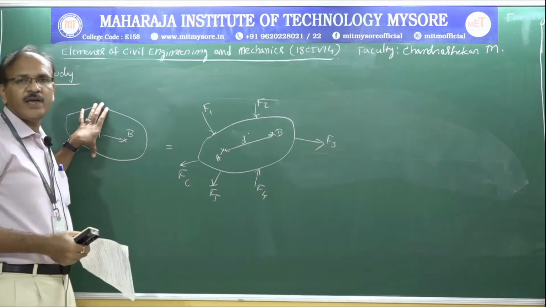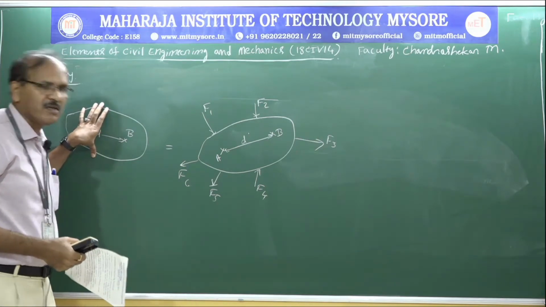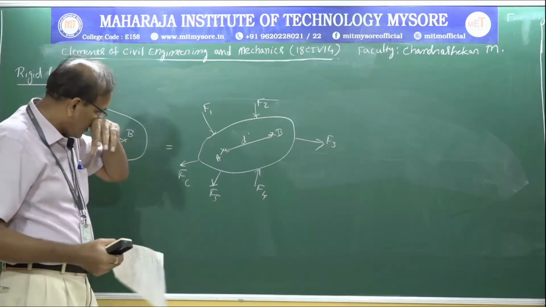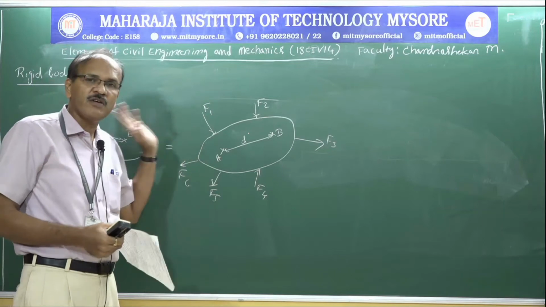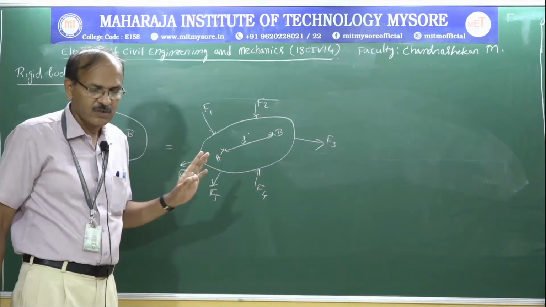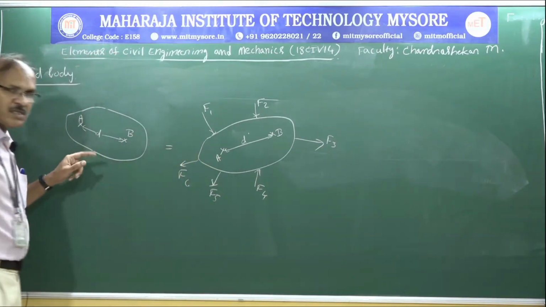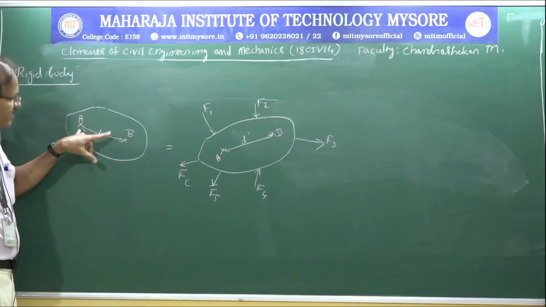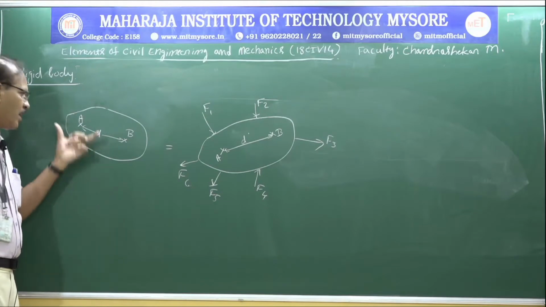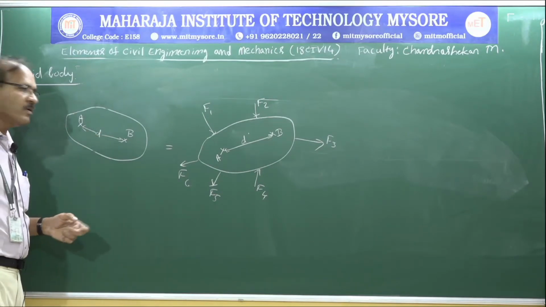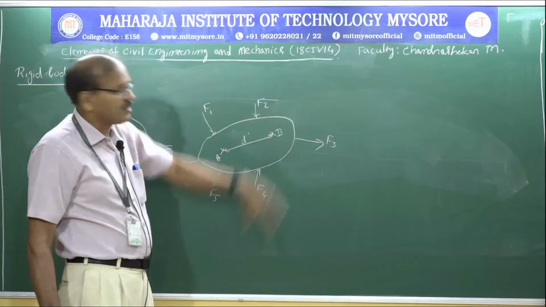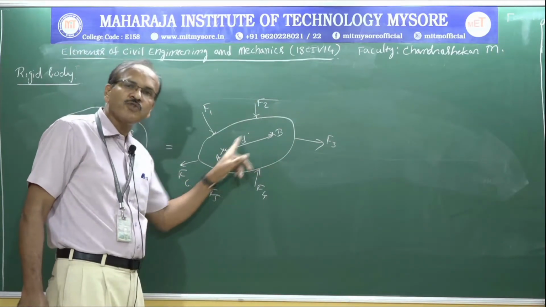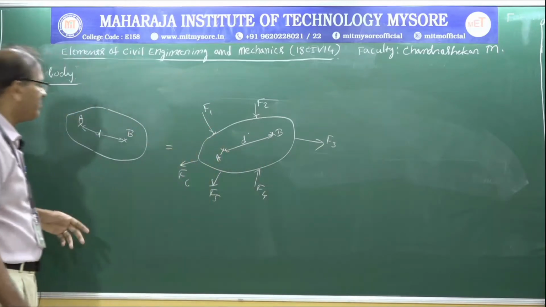A rigid body is one which does not change its shape or any form under the influence of external forces. In other words, if we take any two points on the body, say A and B, at a distance of D, then if you subject the body to external forces, the relative positions of those two points remain the same.